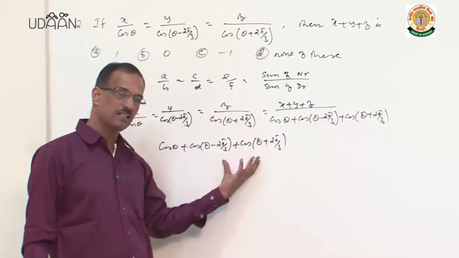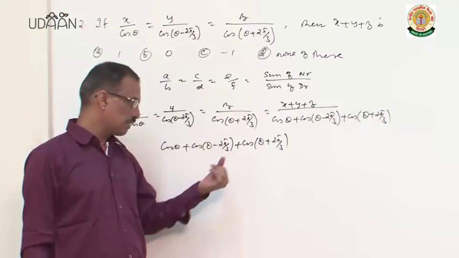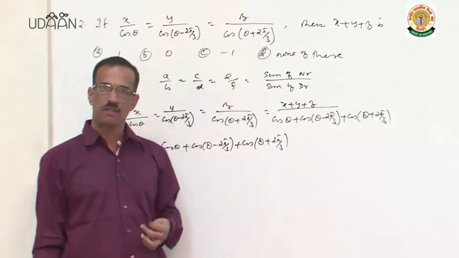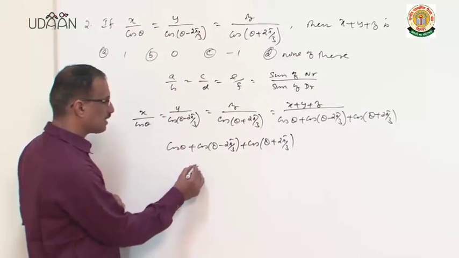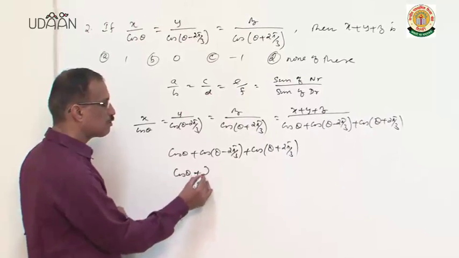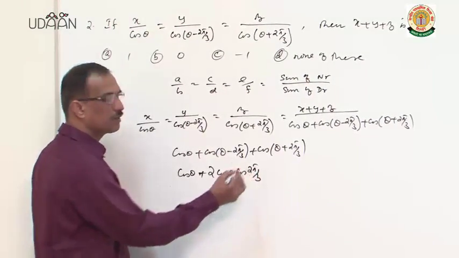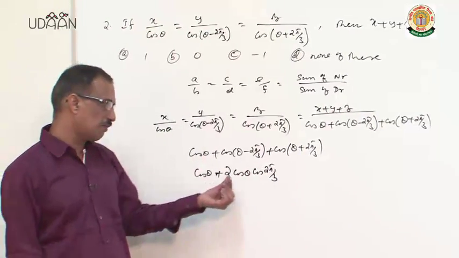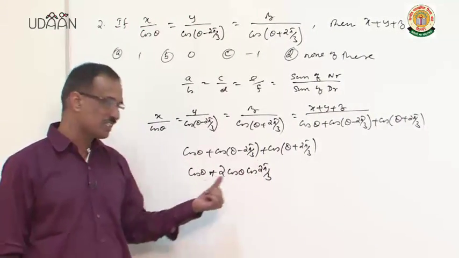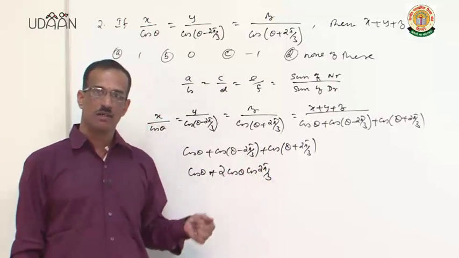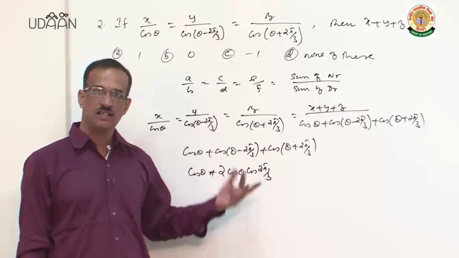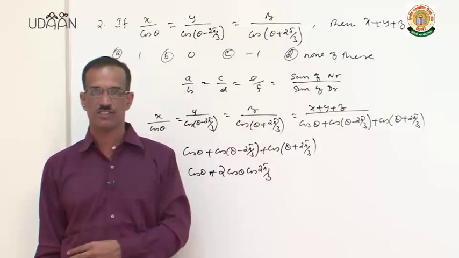It looks like cos A minus B plus cos A plus B. So, cos A minus B plus cos A plus B is 2 cos A cos B. What is cos 2 pi by 3? It is cos 120 degree. How can we write cos 120? Cos of 180 minus 60.